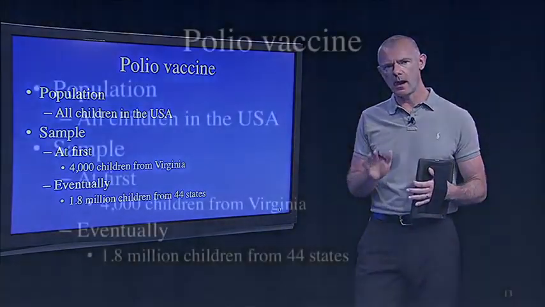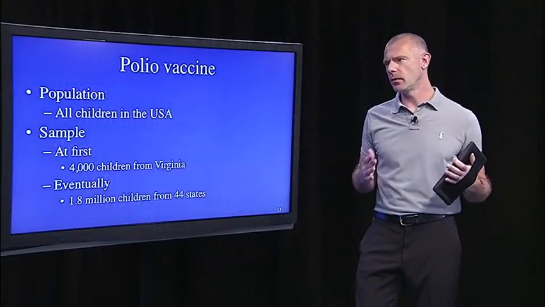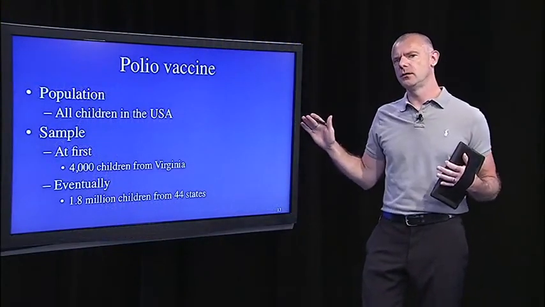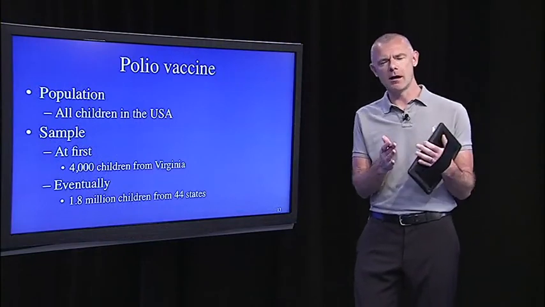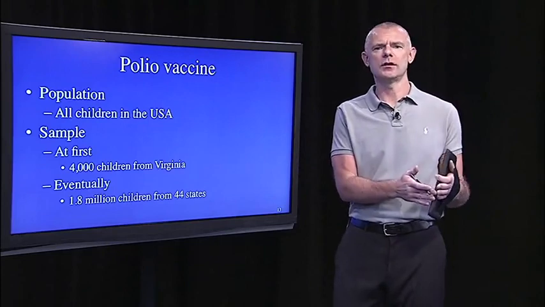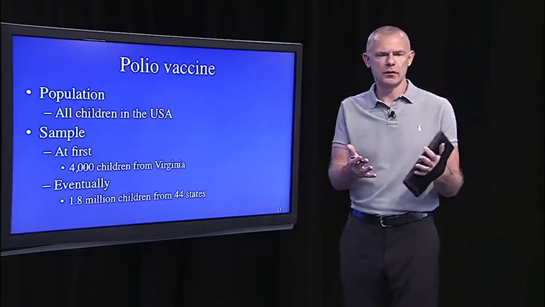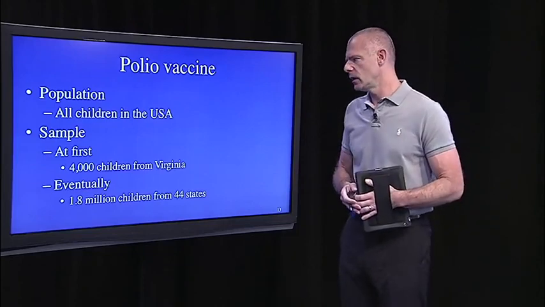The sample at first was just 4,000 children in the state of Virginia. That's clearly not a random and representative sample of all children in the US. Right? There might be certain characteristics about kids in Virginia or the culture in Virginia or the certain communities that they sampled.